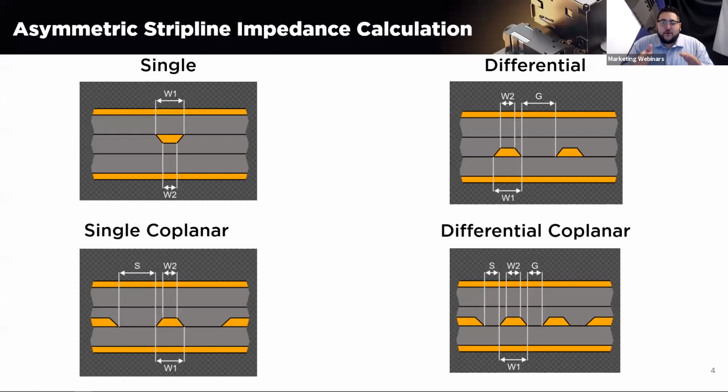But for now, we're just talking specifically about asymmetric strip-line impedance. This is something that's unique to Altium Designer, being able to calculate with different dielectric thicknesses, and it's something that you could only do in Altium Designer. And you can see that you could do it for both single and differential coplanar calculations as well.